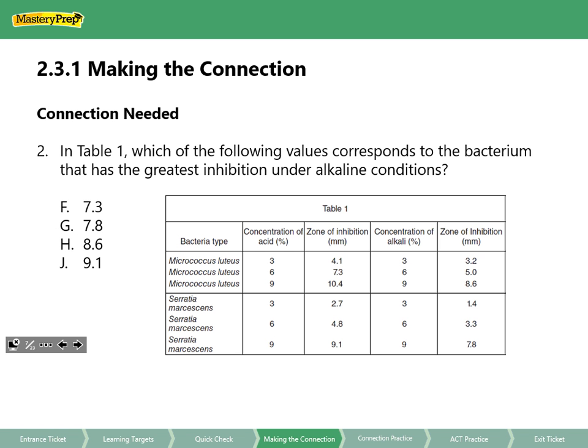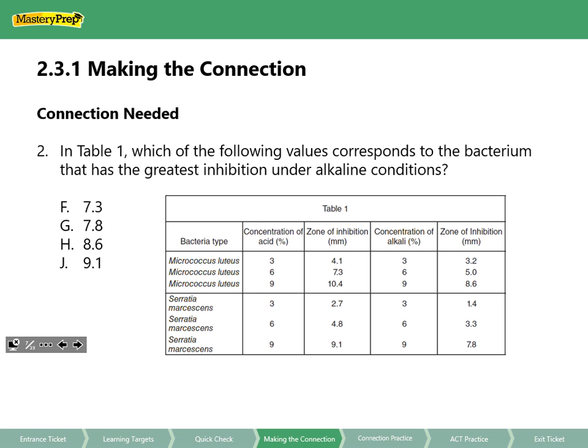In table 1, which of the following values corresponds to the bacterium that has the greatest inhibition under alkaline conditions? So here, when it's saying connection needed, we need a little bit more information. We need to actually look at the passage to see what it is talking about.